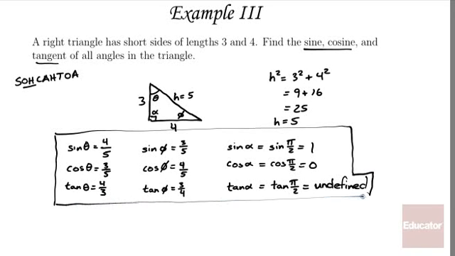So all of these angles were things we worked out just using this one master formula, SOHCAHTOA. That tells you the sine, cosine, and tangent of the small angles in the triangle. SOHCAHTOA doesn't really apply to the right angle, but we already know the sine and cosine of a 90-degree angle because we figured them out before.